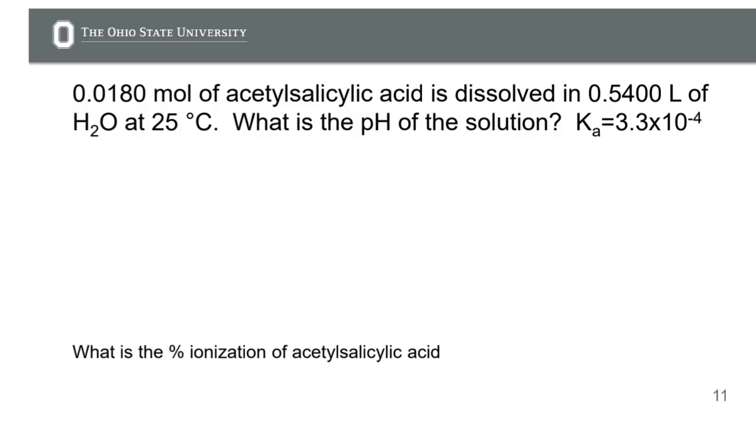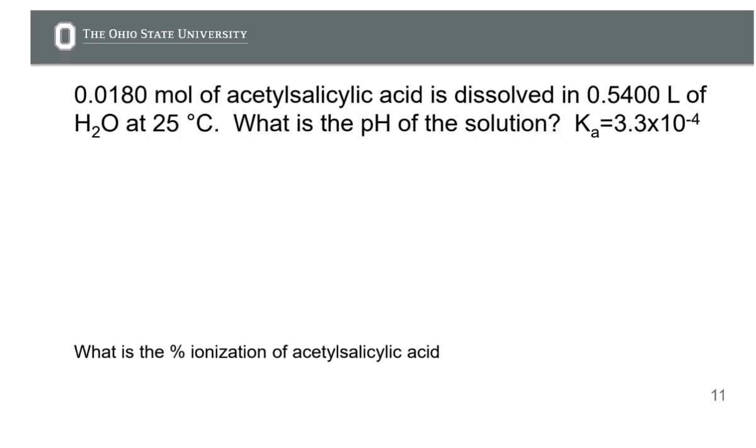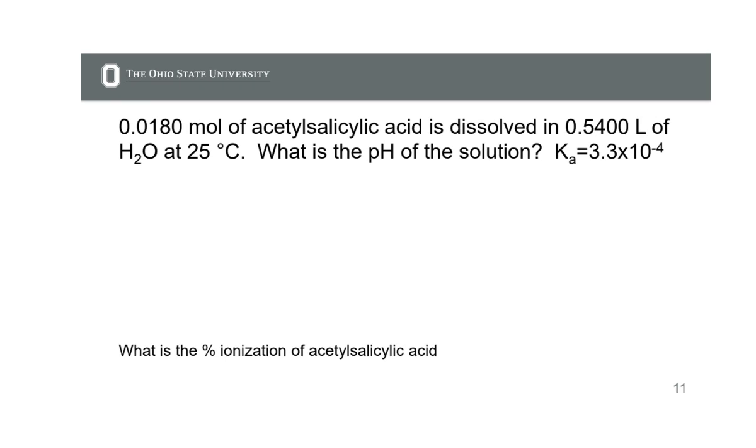So let's work on this problem. Here we're going to take a different acid, acetyl salicylic acid. We're going to take 0.018 moles of that and dissolve it in 0.54 liters.